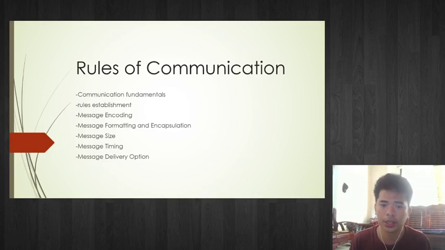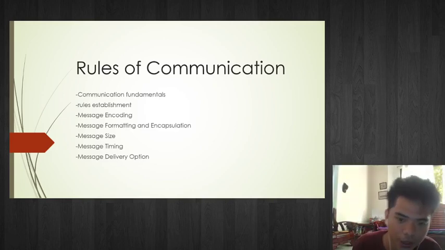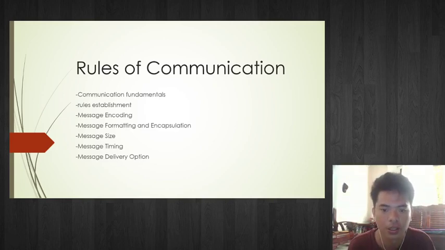Networks can vary in size, shape and function. However, simply having a wired or wireless physical connection between devices is not enough to enable communication. For communication to occur, devices must know how to communicate.